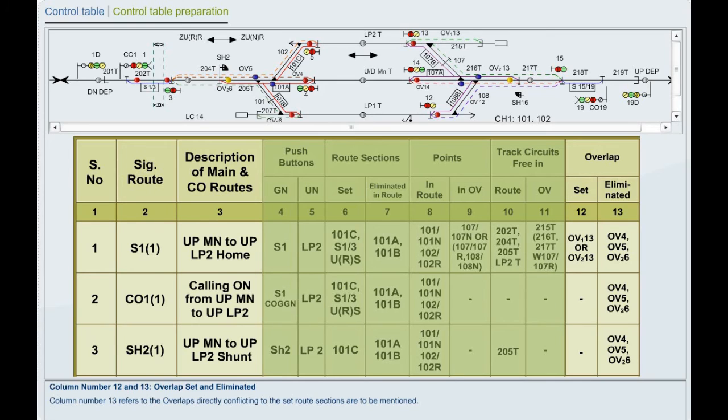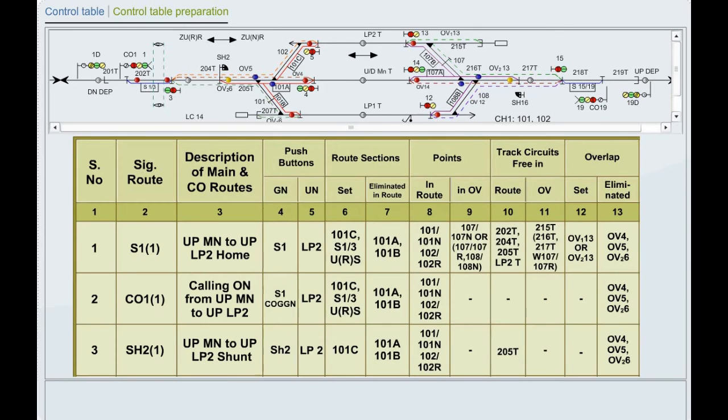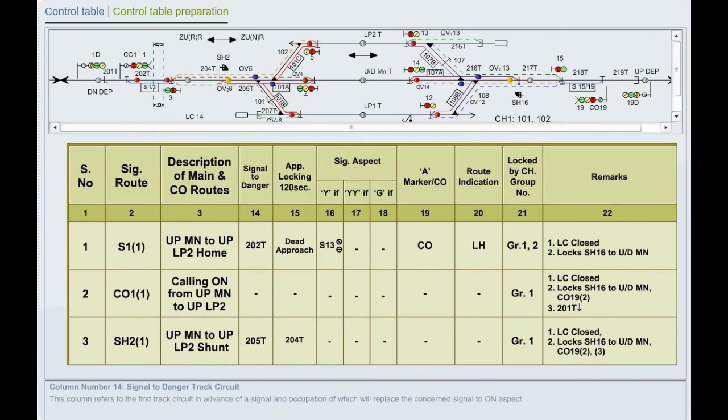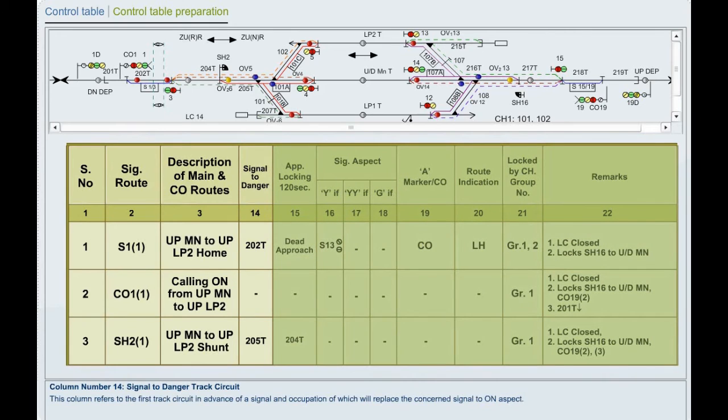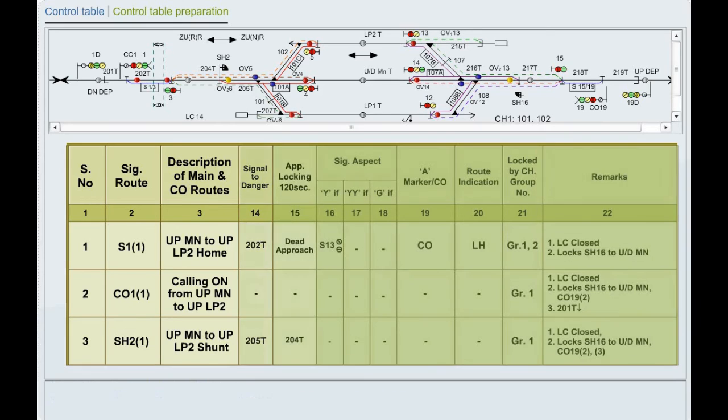Column number 13 refers to the overlaps directly conflicting to the set route sections, which are to be mentioned. Column number 14. Signal to danger track circuit. This column refers to the first track circuit in advance of a signal and occupation of which will replace the concerned signal to on aspect.